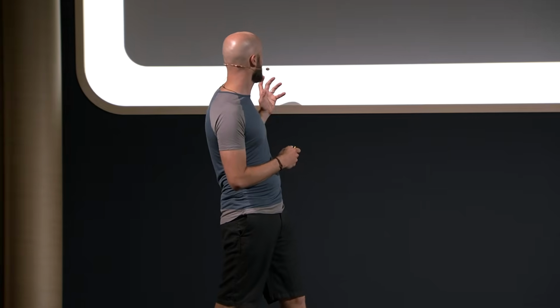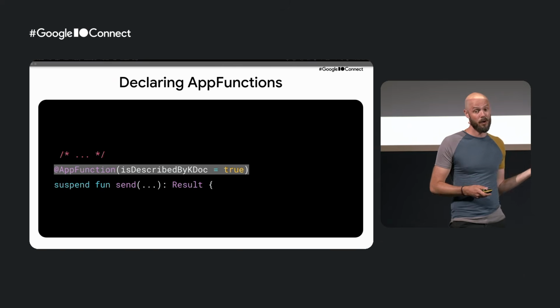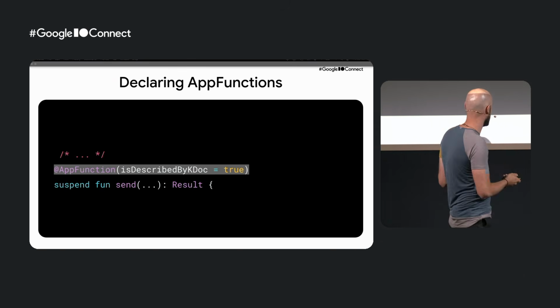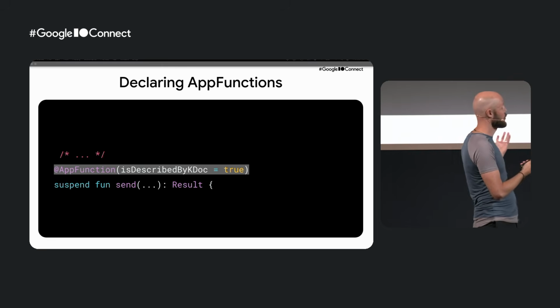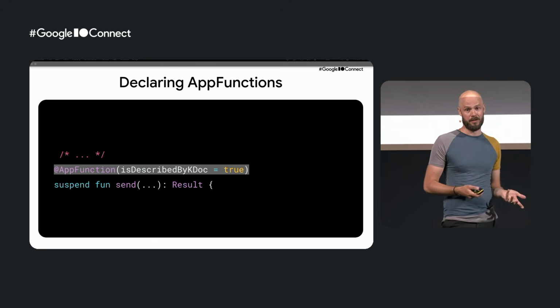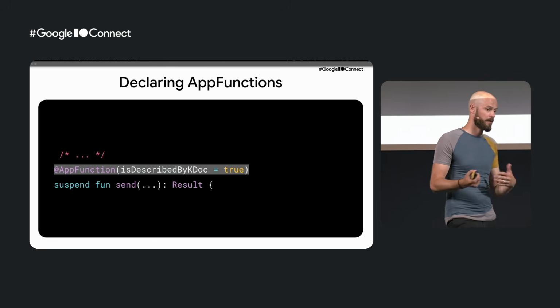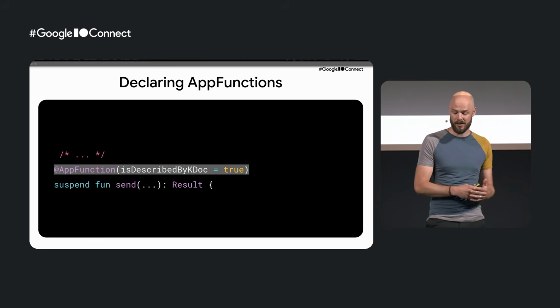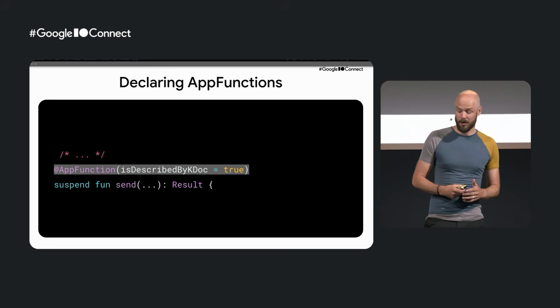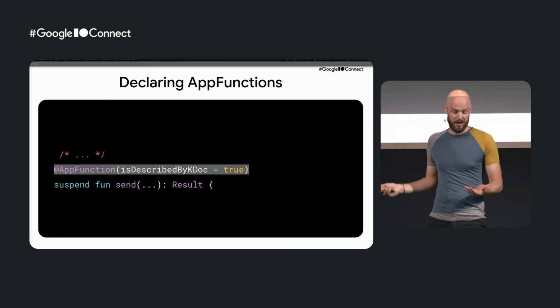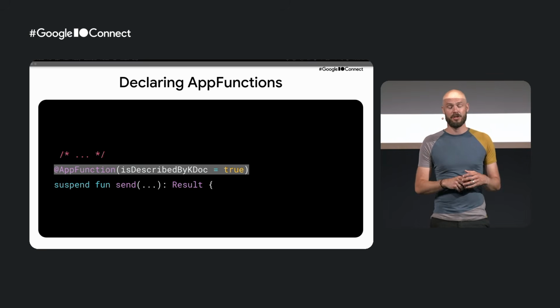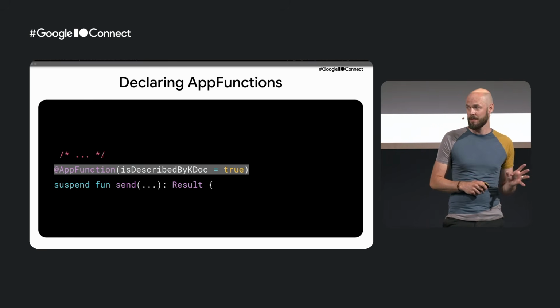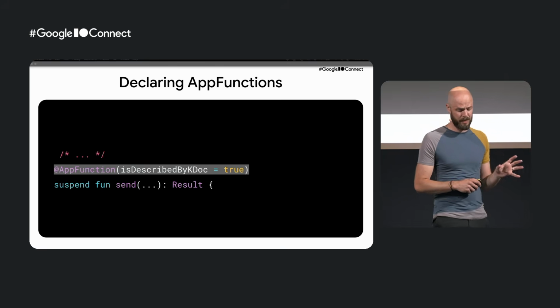For now, with an AppFunction, like I said, it's a bit of an oversimplification. You actually have to add the annotation to usually a suspend function, because you want to make sure that this can do stuff in the background and it doesn't block anything and you don't get any nasty ANRs while you're doing things in the background. So you have the AppFunction annotation. That is already available in the AppFunctions Jetpack API of the Alpha 9 APIs, and you can use that today.